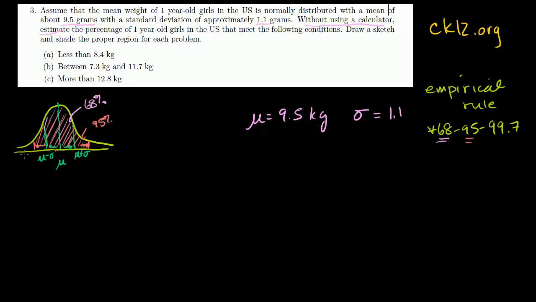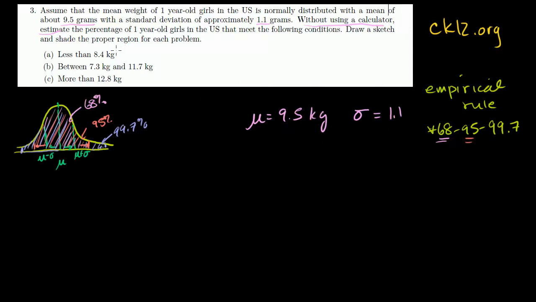If we go 3 standard deviations below and above the mean, the empirical rule, or the 68, 95, 99.7 rule, tells us there is a 99.7% chance of finding a result in a normal distribution that is within 3 standard deviations of the mean. That's what the empirical rule tells us.